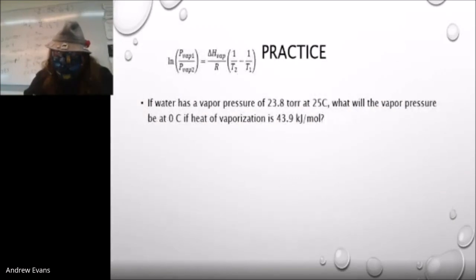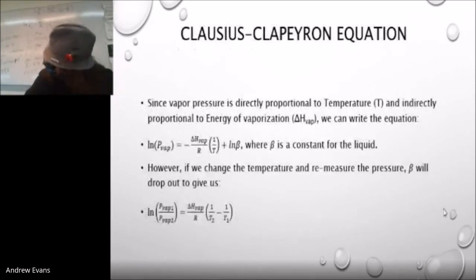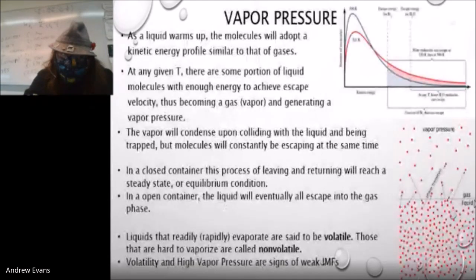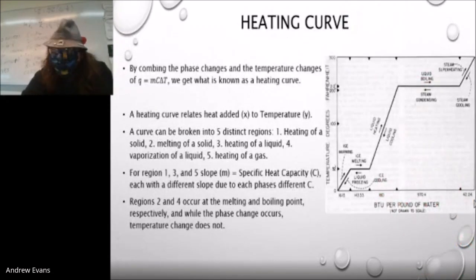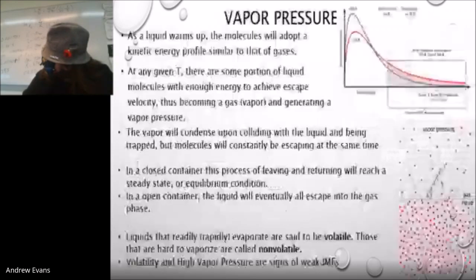We previously looked at this heating curve that looks at essentially a 2D portion of energy input versus temperature, and you see it plateaus when you see a phase change.